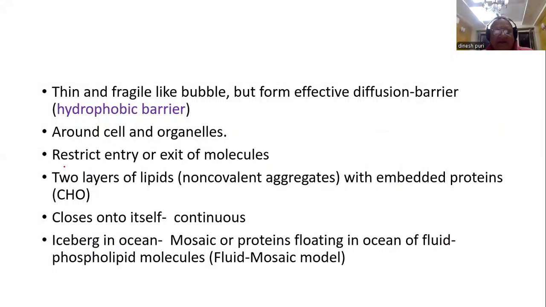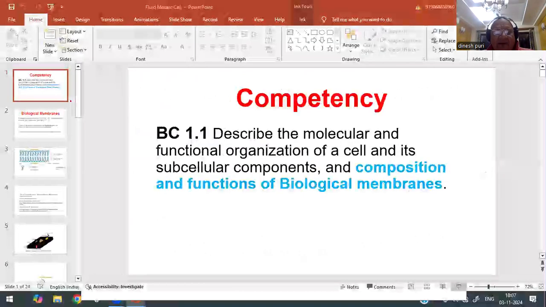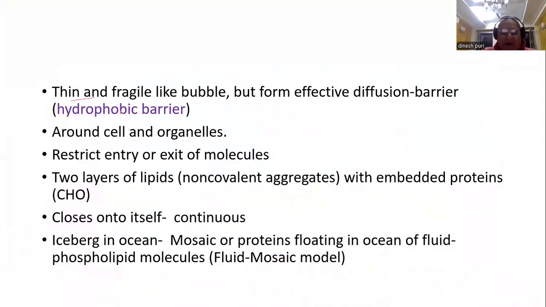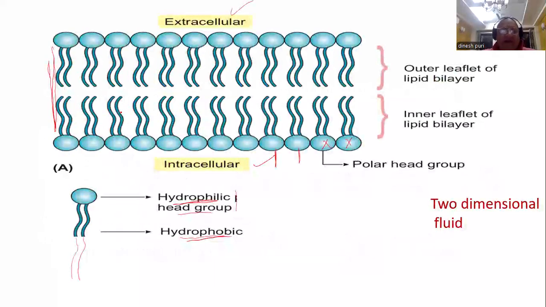The bilayer structures are thin, fragile, like a bubble, but they form an effective diffusion barrier called the hydrophobic barrier. Now, why do we say hydrophobic? You can see in this slide that the hydrophobic portion is much larger compared to the small polar or hydrophilic portion. So they are mainly hydrophobic in nature.